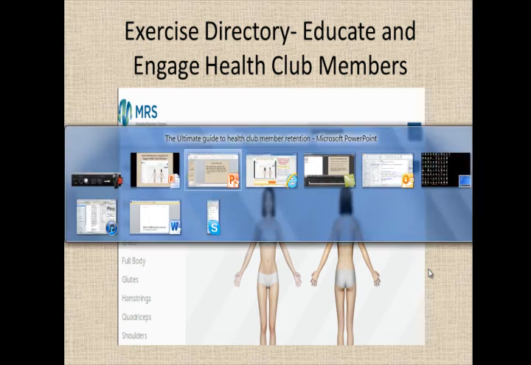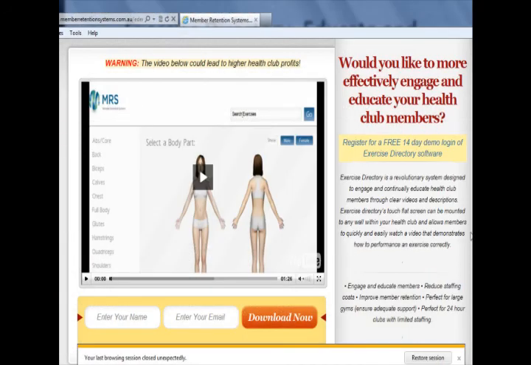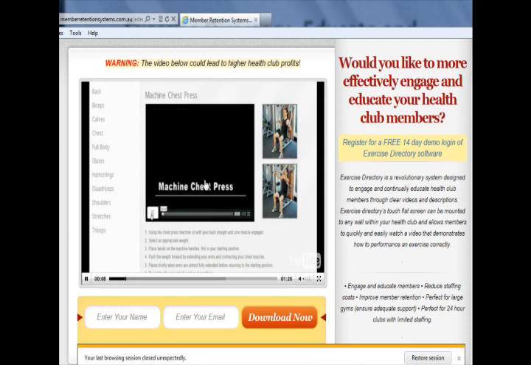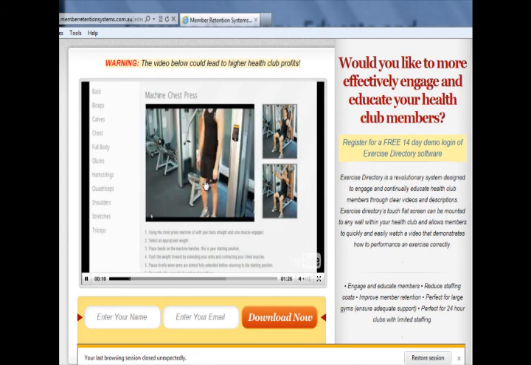So we'll have a quick look at how this software works now. As you can see, it's packed full of videos that members can look up and see how to do technique correctly. So a member can search any exercise and watch a video on the screen, as you can see now.